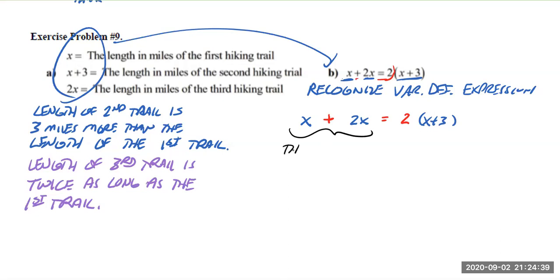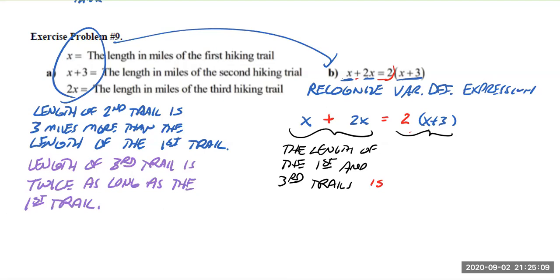So we could basically say that the length of the first and third trails, and then interpret equals as is. And then how can we interpret this last expression? Well, it's taking 2 times x plus 3, which represents the second hiking trail.